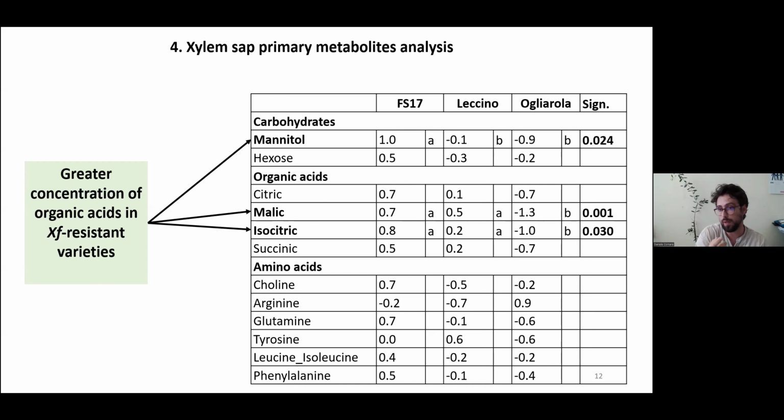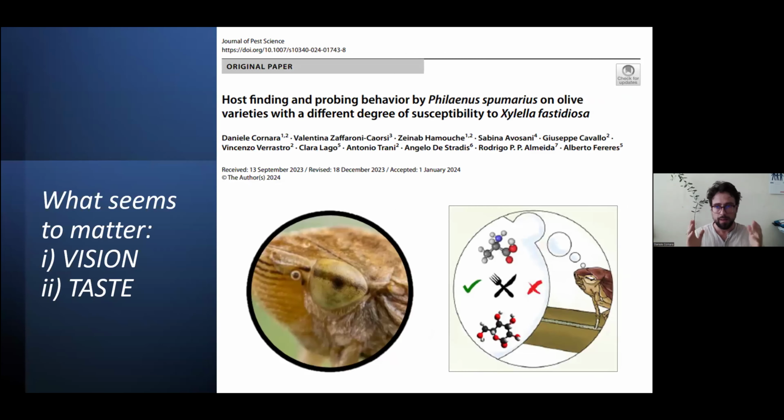But from our observation, we think that once the xylem sap ingestion begins, the maintenance of the ingestion over time, so also the vector activity, depends on other metabolites present in the xylem sap. That could be primary metabolites, as we confirmed with organic acids, or a combination of primary and secondary metabolites.